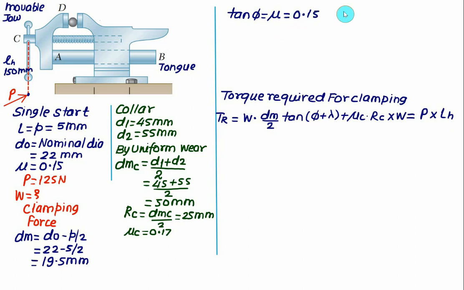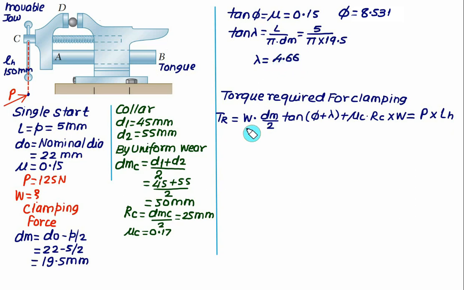From this we get phi, the angle of friction. This value of phi is tan inverse of 0.15, which is 8.531 degrees. And lambda you can calculate as tan lambda equal to lead divided by pi multiplied by dm. Lead is 5 and the mean diameter is 19.5, so 5 / (pi times 19.5). In this case, the lead angle lambda is close to 4.66 degrees.